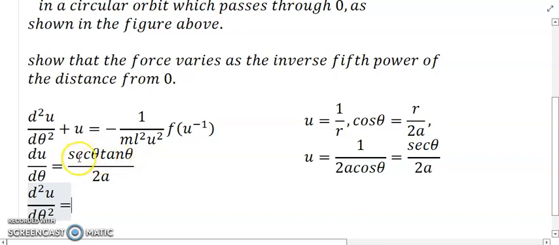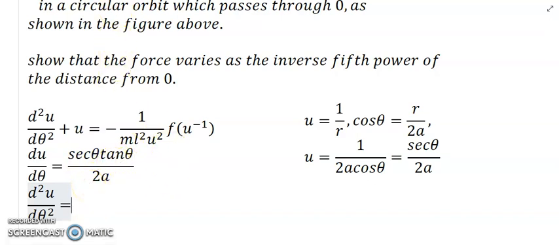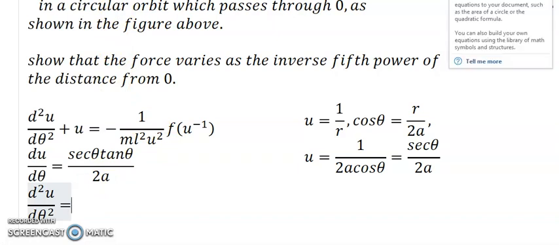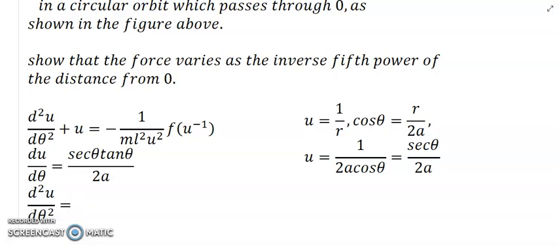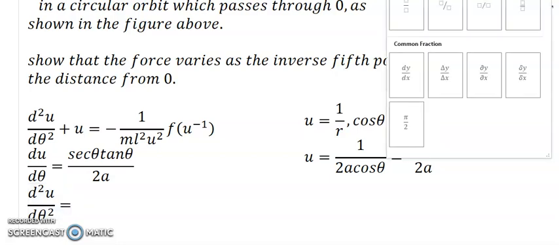To use the product rule, we differentiate one function at a time, keeping the other constant.